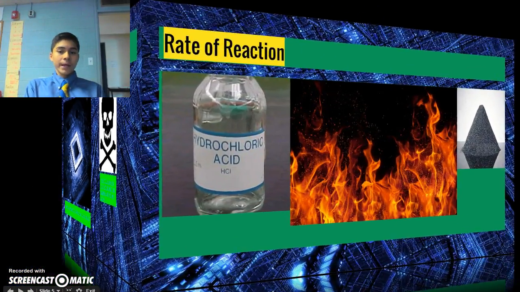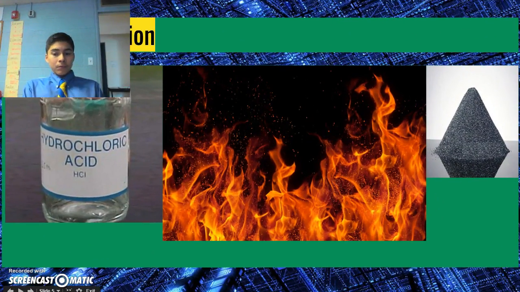Now let's move on to the rate of reaction. Now, making silicon tetrachloride, it is very slow. Now, use hydrochloric acid and you mix that with the chlorine gas. When you mix that, it will go into a tube that is where silicon powder is being heated by fire.